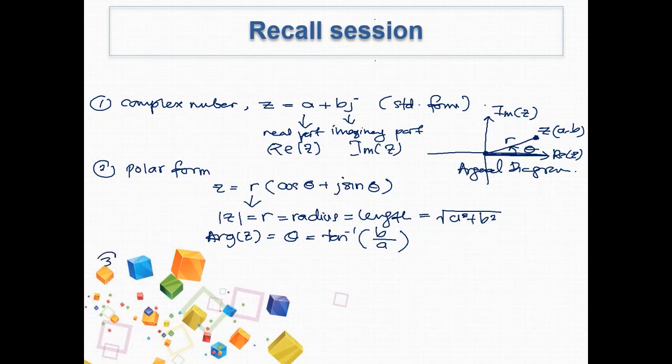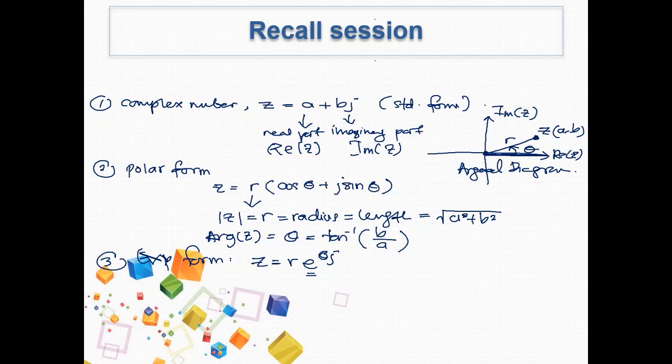And the third form is the exponential form, where we write our Z as r e to the power of theta j. That is why it is called the exponential form, because we write it with an exponent.